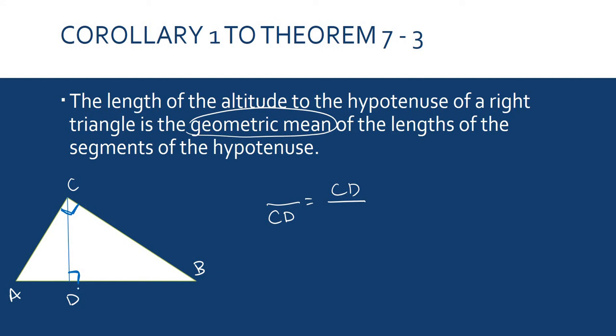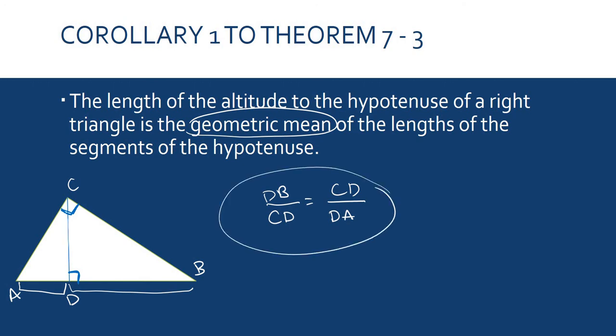So I broke this hypotenuse into two segments, DB and DA. So that's our first corollary. So if I give you a triangle with some numbers for some of these sides and ask you to find the altitude, you should be able to do that by finding the geometric mean.